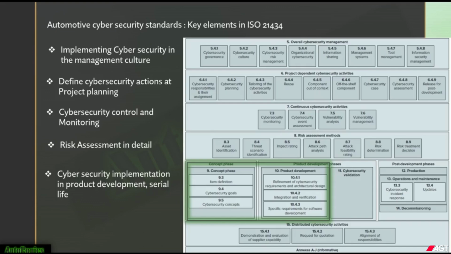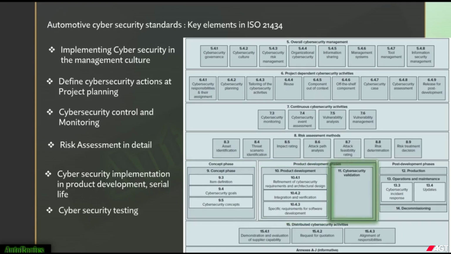The cybersecurity engineering activities regarding integration and verification include verification of cybersecurity requirements fulfillment allocated to the system or component, verification that identified vulnerabilities have been successfully managed, and searching for previously unidentified vulnerabilities and their management.